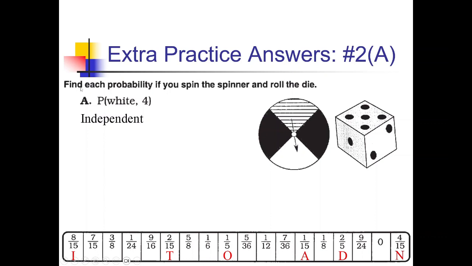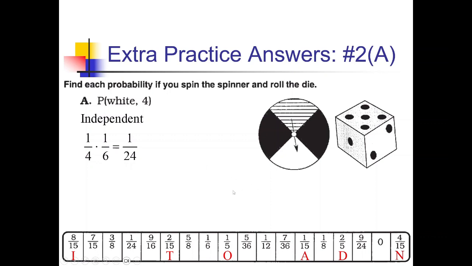So we want the probability of getting the white space and a 4. Probability of white is 1 out of the 4 equal area options, so 1/4. And the probability of a 4 or any other number 1 through 6 on that die is 1 out of 6. 1 over 6 and 1 over 4 multiplies to give us 1/24.